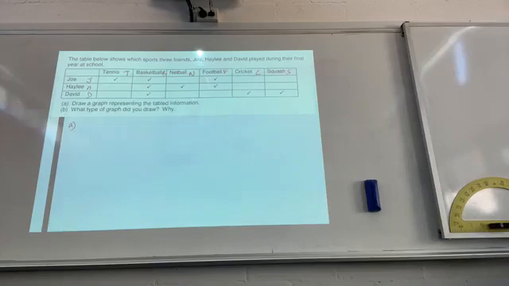So part A, you need to be able to draw a graph representing something like this. Let's start off with the sports: tennis, basketball, netball, football, cricket, and squash. And then your 3 friends: Joe, Haley, and David. So Joe plays tennis, 1 line.